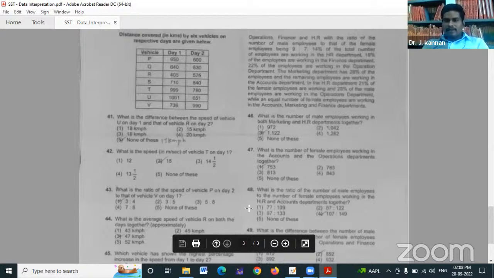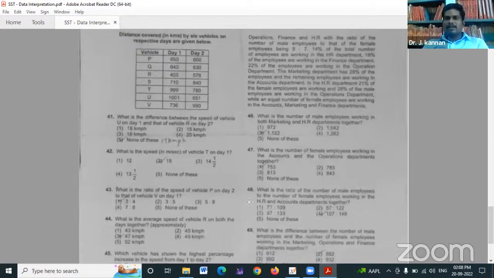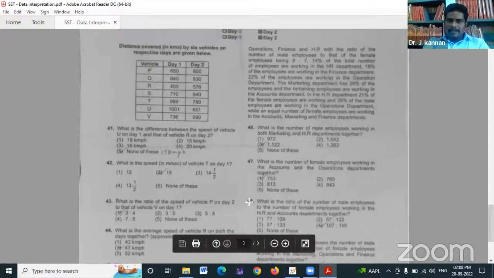So all the 5 departments are in the company. The ratio of the number of male employees and female employees, all the data are given in one single paragraph. How to read, how to understand and how to solve the given problem.